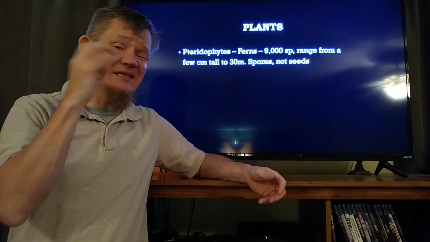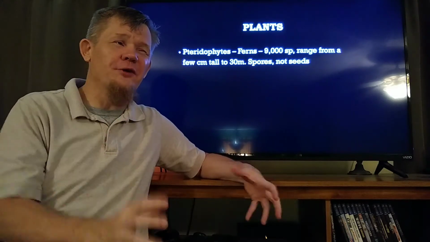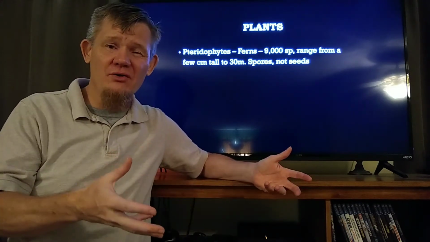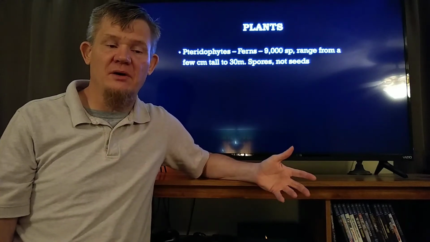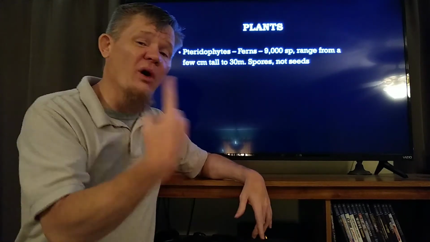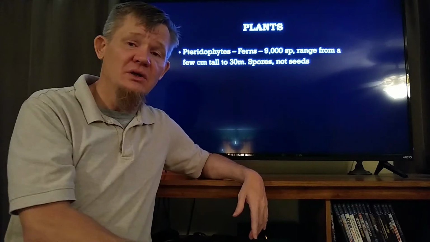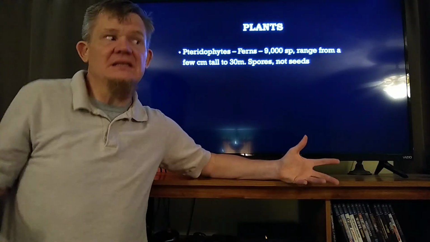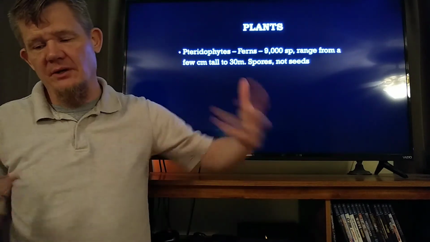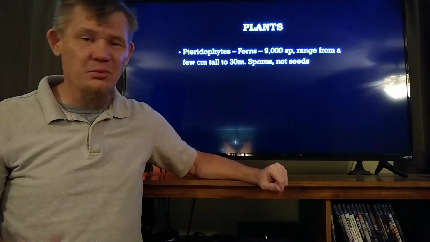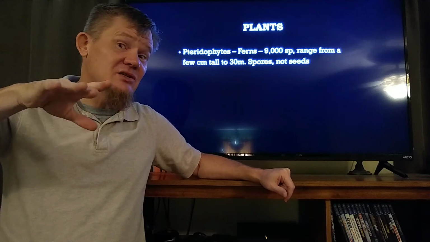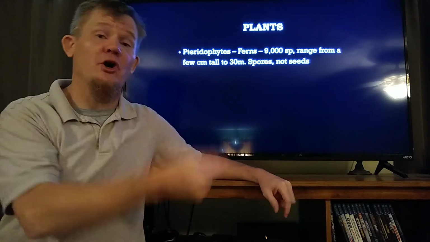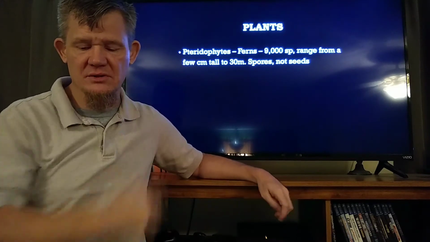And because it takes perfect conditions for a spore to grow, they release thousands of them. What are the chances one is going to find the perfect conditions? The chances of anyone finding the perfect conditions is really low. So I release a whole bunch of them, hoping that at least one will find the perfect conditions to grow. A spore is not a seed, but it has the same purpose as a seed, and that is to reproduce the plant.